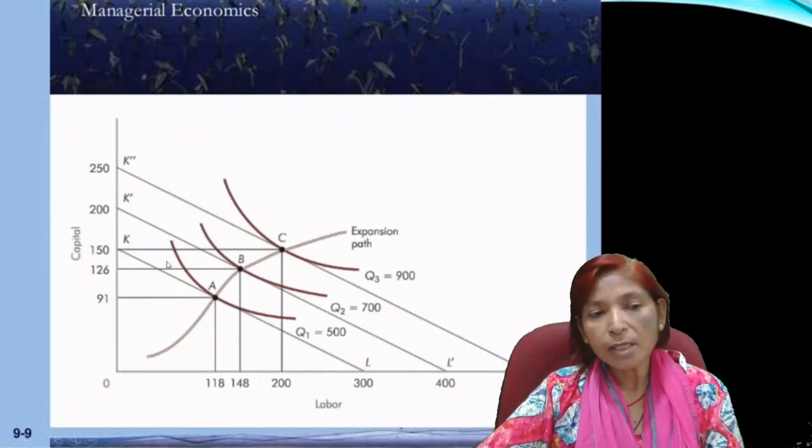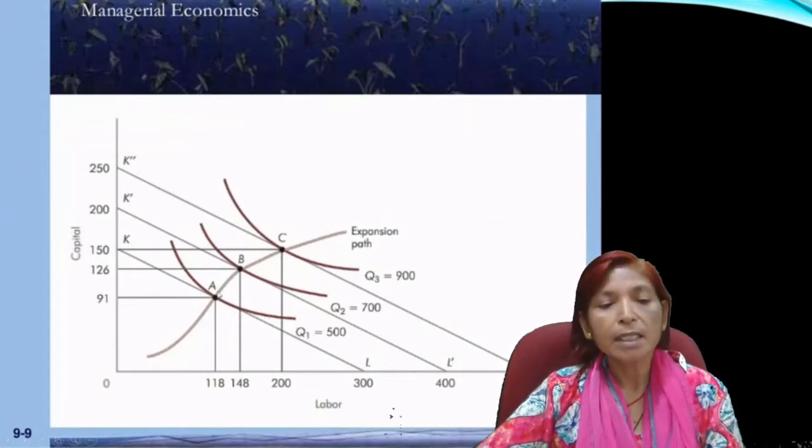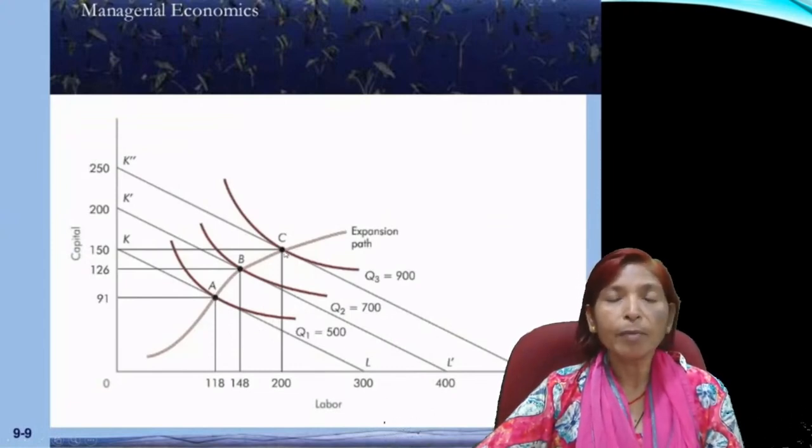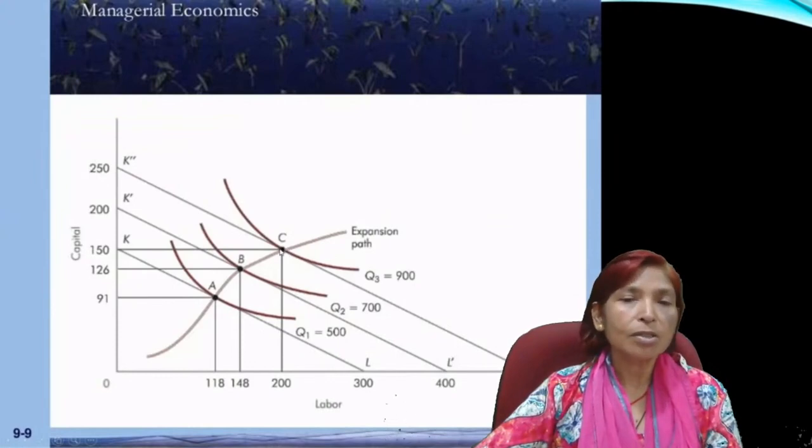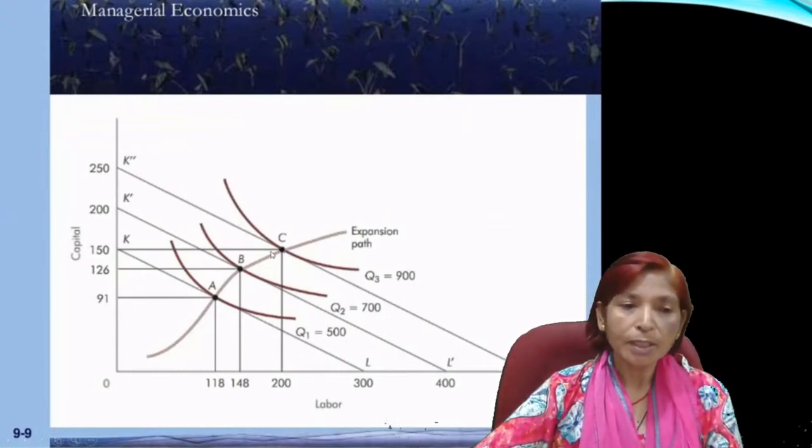So here three isocost lines are drawn and three isoquant curves are drawn, like Q1, Q2, Q3, and we can get points A, B, C. All these points show the optimum combination or least cost combination of output level.